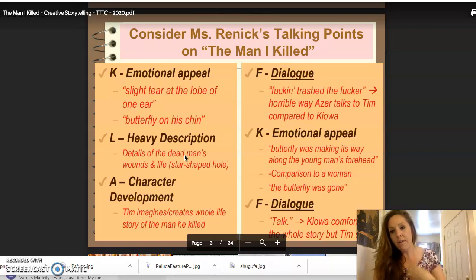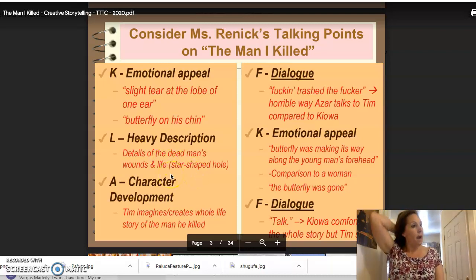And you can imagine that that's how it was for Tim O'Brien after he killed this man, that he has this laser focus. He's blank. He's so numb and in shock, and all he sees is this gaping wound. So the heavy description and details, it's almost like you're in Tim O'Brien's head running through every little tiny wound and injury on this man that he's staring at. And it helps us understand how absolutely horrible it is to be him in this position.